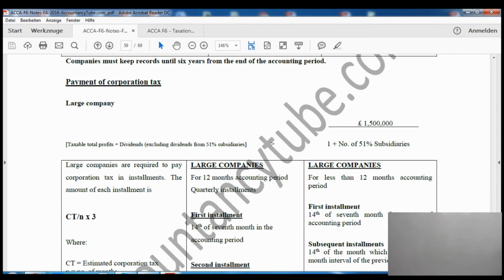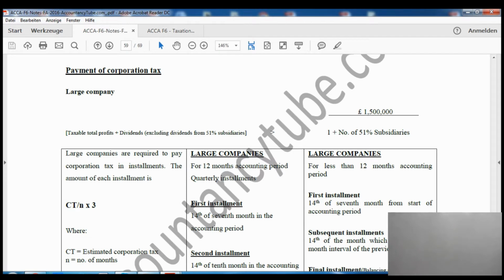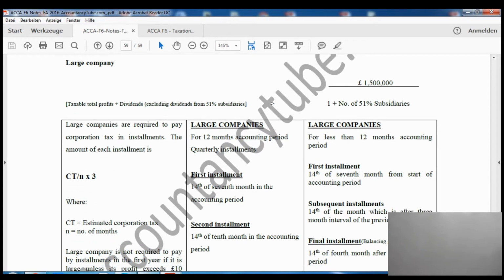Now if you are a company, then you must keep your records for up to 6 years, and then it says payment of corporation tax. Now if you are a large company, how will we decide if you are a large company? If your turnover is 1.5 million, then you are a large company. Now that 1.5 million will be divided by the number of subsidiaries. If you have any 51% subsidiaries, that limit will be divided by that.